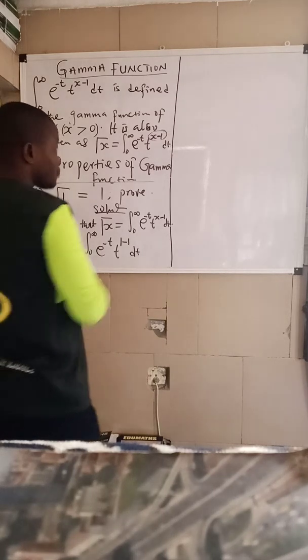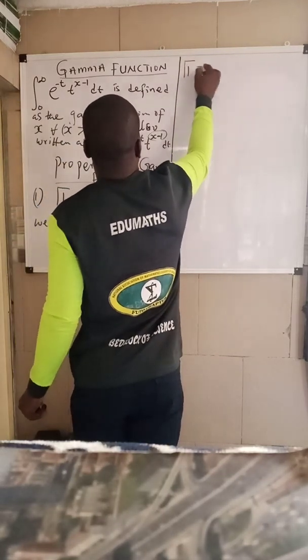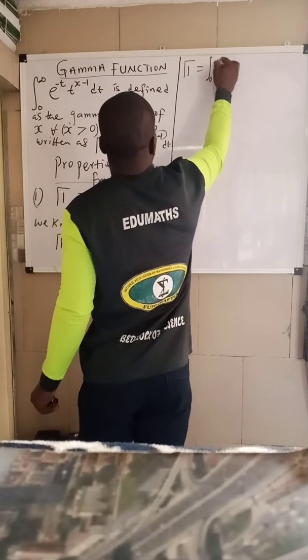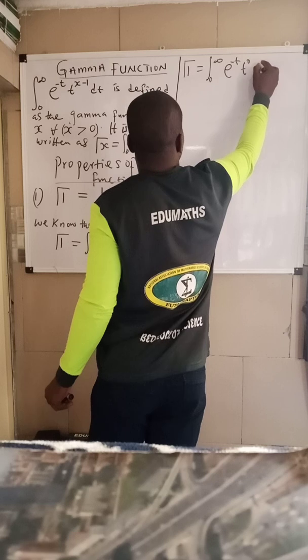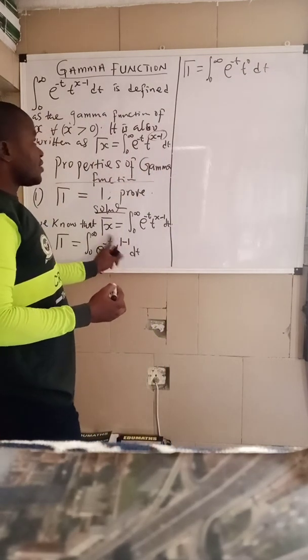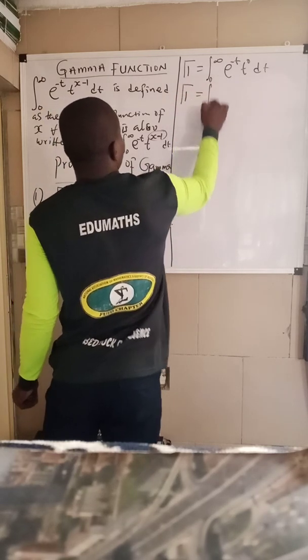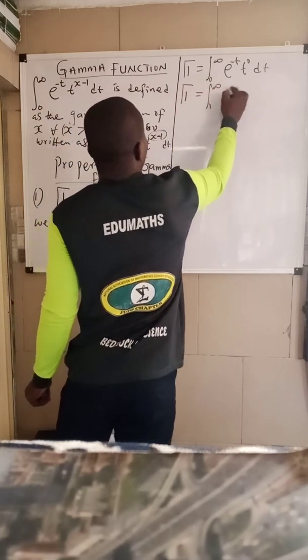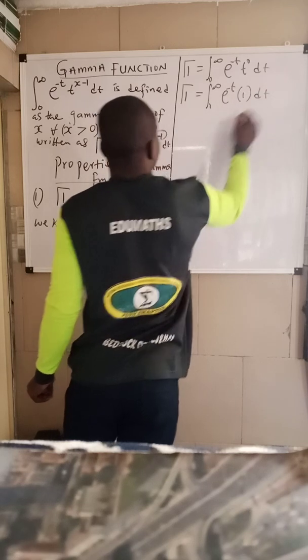So from here, we have that gamma 1 is equal to the integral from 0 to infinity of e to the minus t, t raised to the power 0, dt. Okay, 1 minus 1 is 0. So this implies that gamma 1 is equal to the integral from 0 to infinity of e to the minus t times 1, dt.